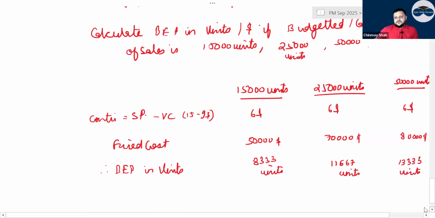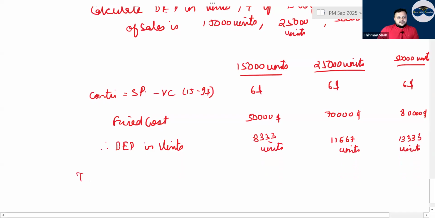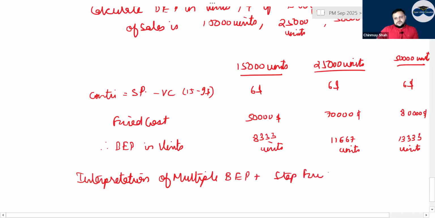That means write down the interpretation. Can you help me with the interpretation? Interpretation of multiple BEPs plus step fixed cost.